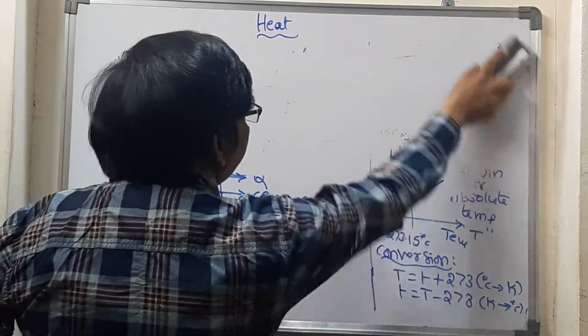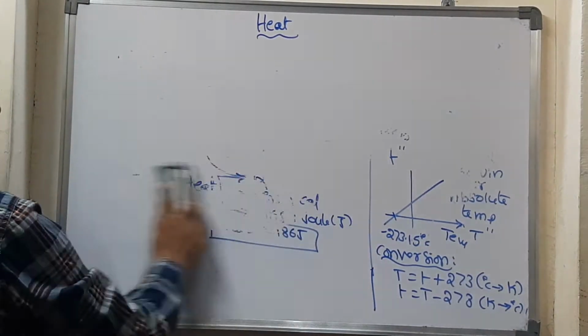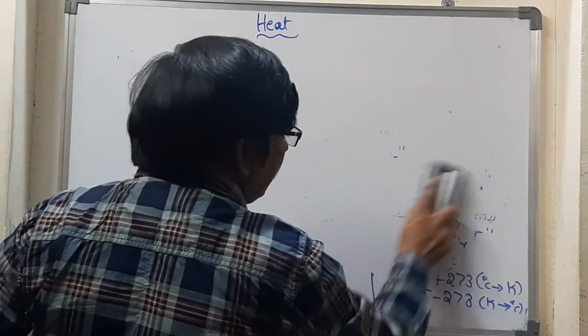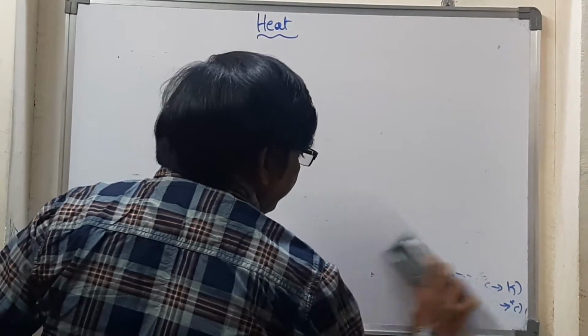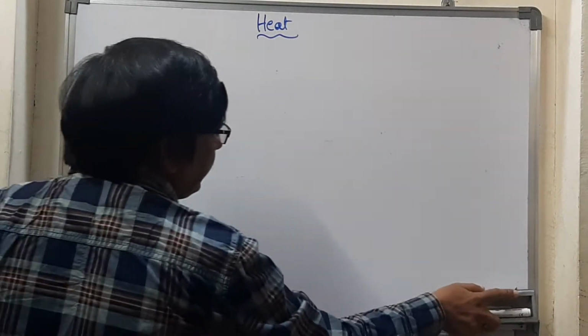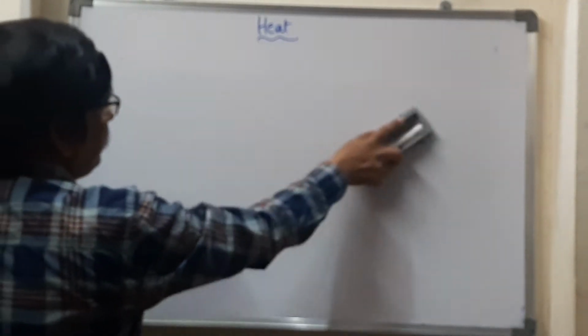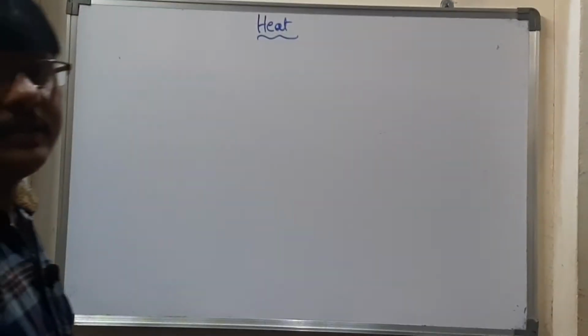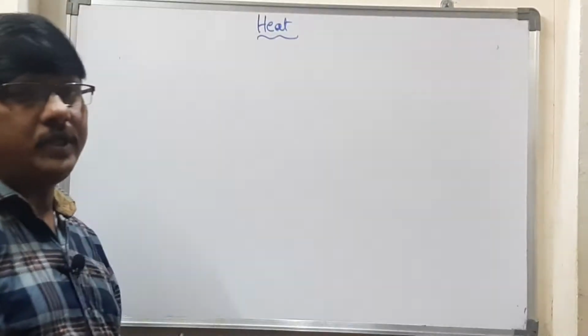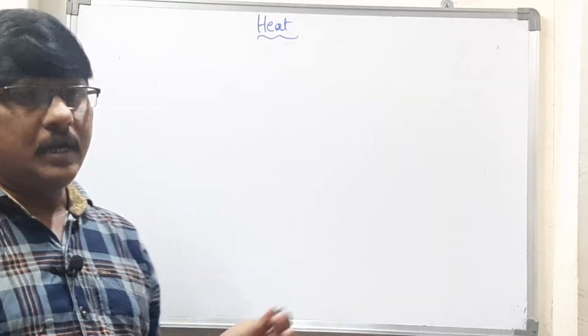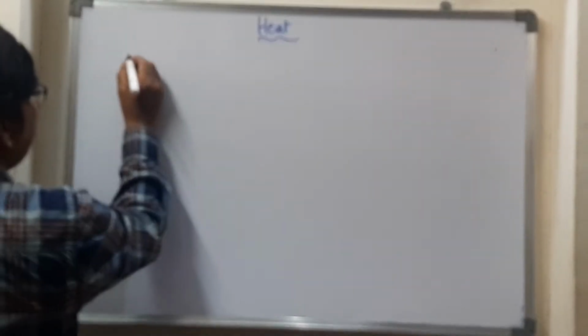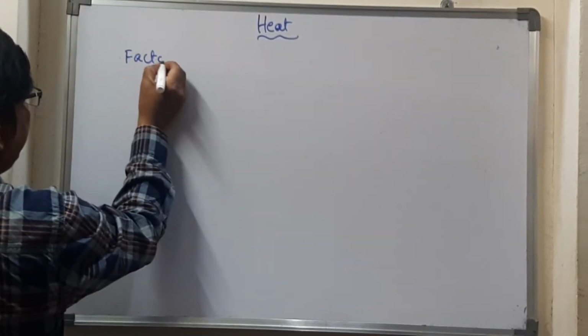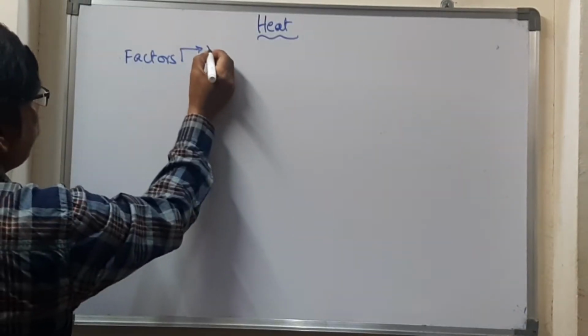The next one is heat, which we discussed. What is meant by heat? Heat is a form of energy that is in transit in nature. What are the factors that heat depends on? It's important. Heat depends mainly on two factors. The first is the mass of the substance.